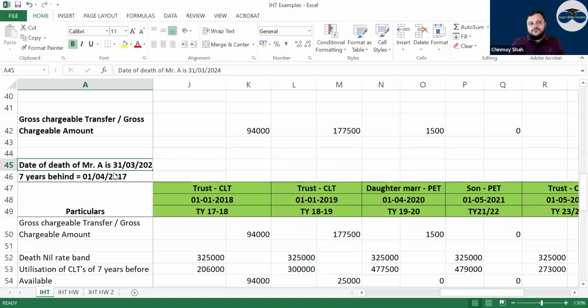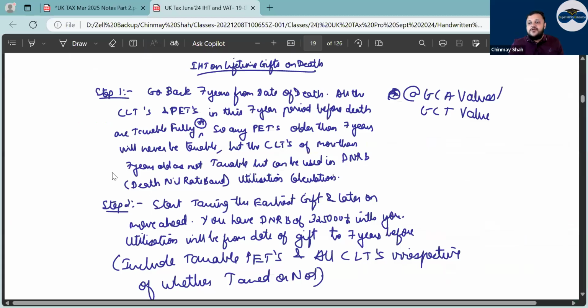Then the first thing that you do is what? Your lifetime gifts get taxed, right? Your PETs that were exempt become taxable. So first thing that you do is go back 7 years from the date of death. All the CLTs and PETs in the 7 year period before that are fully taxable now.